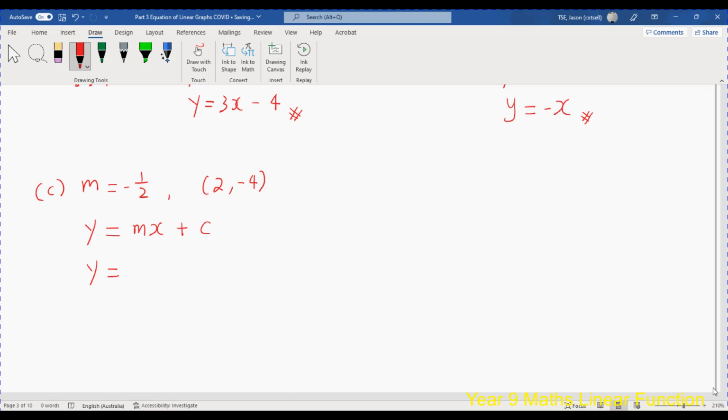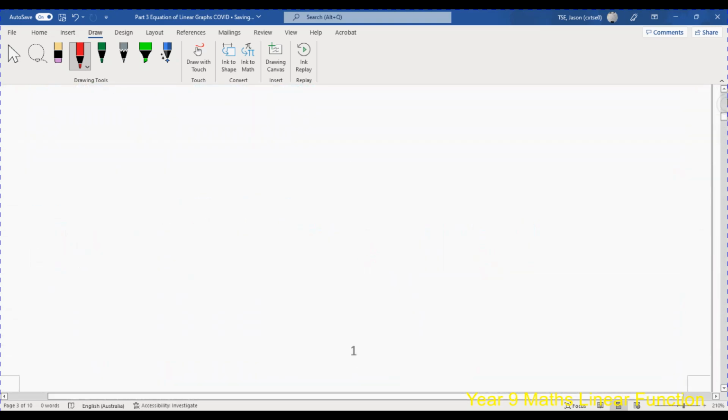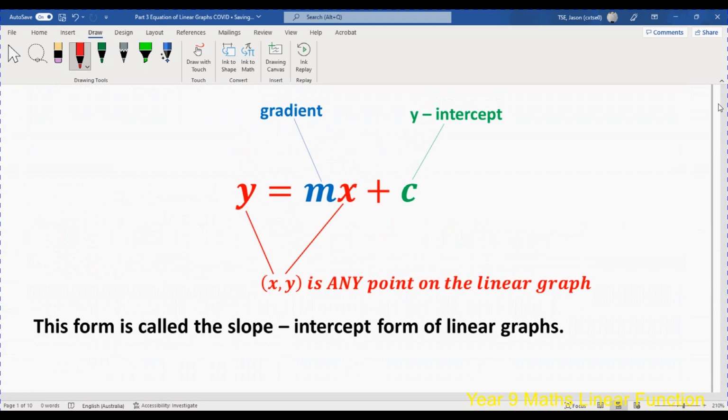Because we've got minus half, you substitute that minus half into m first. And how about x and y? Remember, x and y is any point on the linear graph.